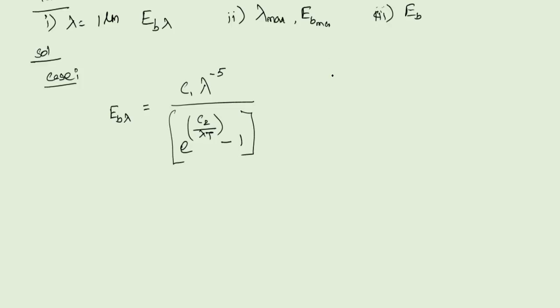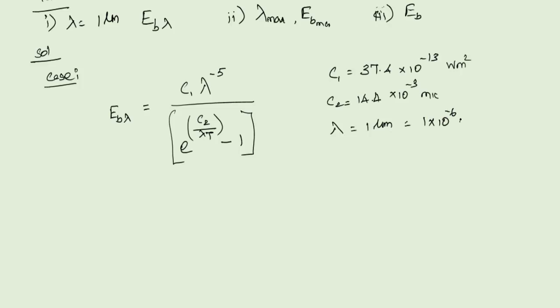In this formula, C1 is 37.4 into 10 to the power minus 13 watt meter squared. C2 is 14.4 into 10 to the power minus 3 meter Kelvin. Similarly, lambda is your 1 micron, so 1 μm, which is equal to 1 into 10 to the power minus 6 meters.